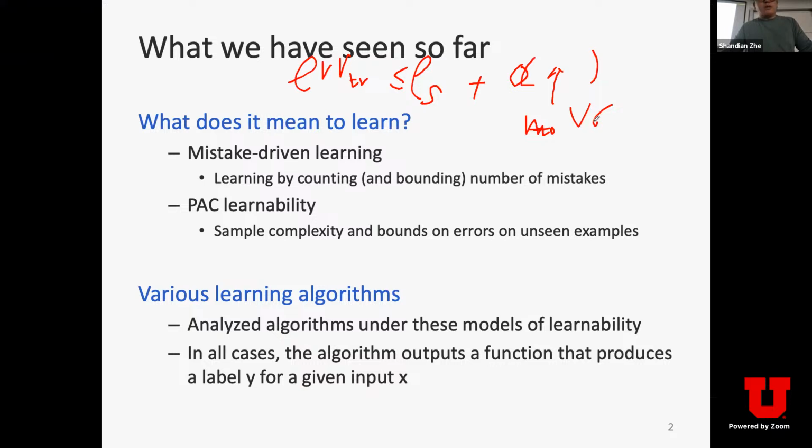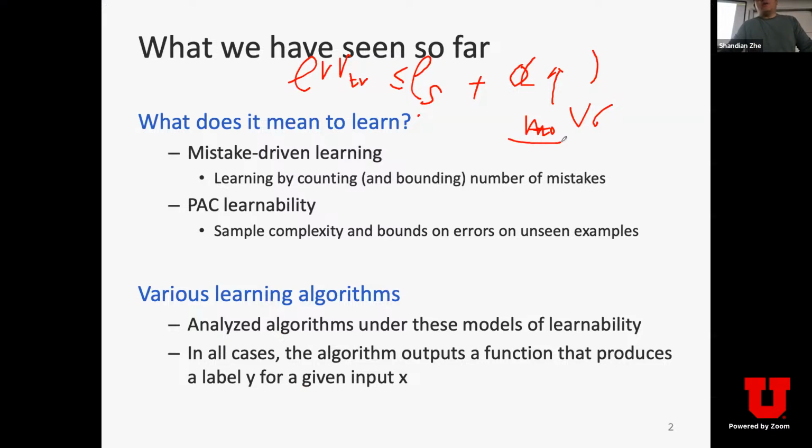Usually we see some kind of trade-off. If you choose a complex hypothesis space, meaning a richer hypothesis space, it will give you smaller training error. Sometimes it can even go down to 0. But it doesn't mean you can really generalize well, because there is another important component which relates to the complexity of the hypothesis space you use.